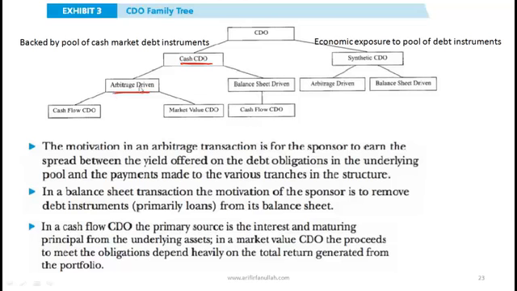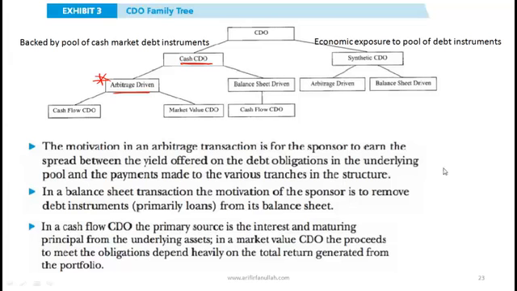Let's just understand briefly what all these different terms mean. The motivation in an arbitrage transaction is for the sponsor to earn the spread between the yield offered on the debt obligation in the underlying pool and the payment made to the various tranches in the structure.